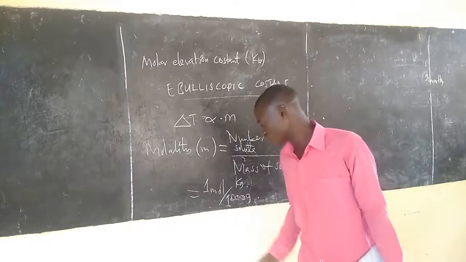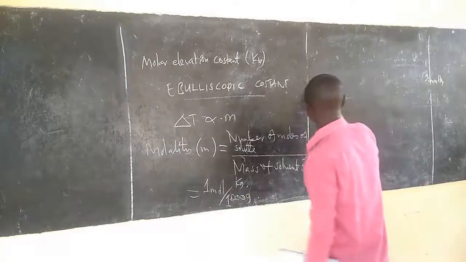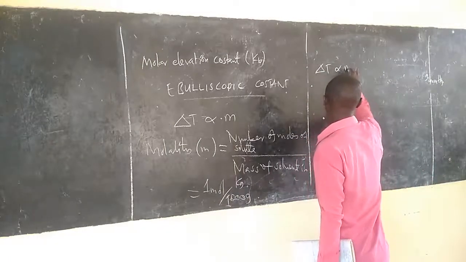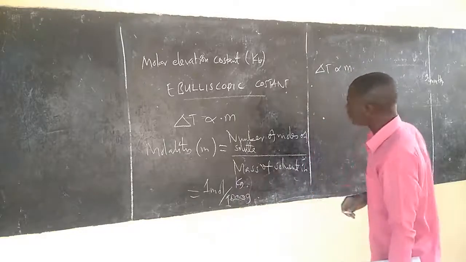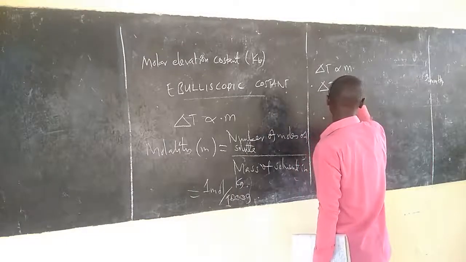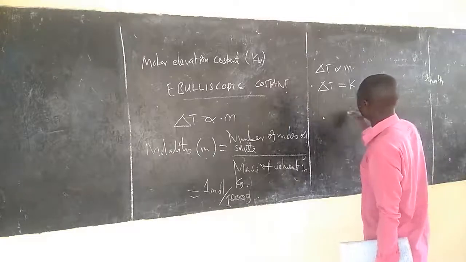When we add 1 mole to this, we get a constant value. Now from there we say the elevation of boiling point is directly proportional to the molality m, or in other words, the elevation of boiling point is equal to a constant K times m.